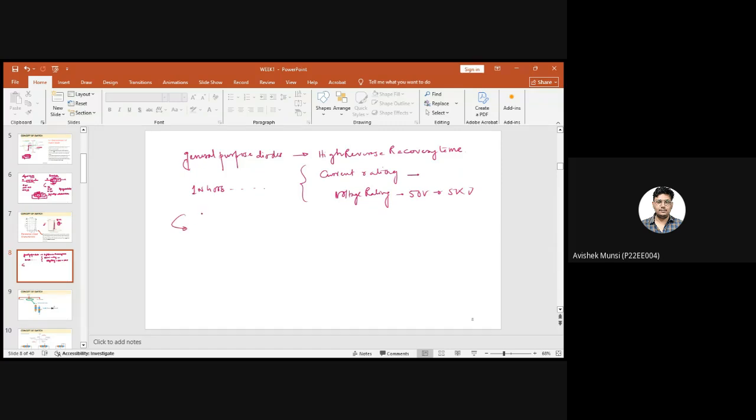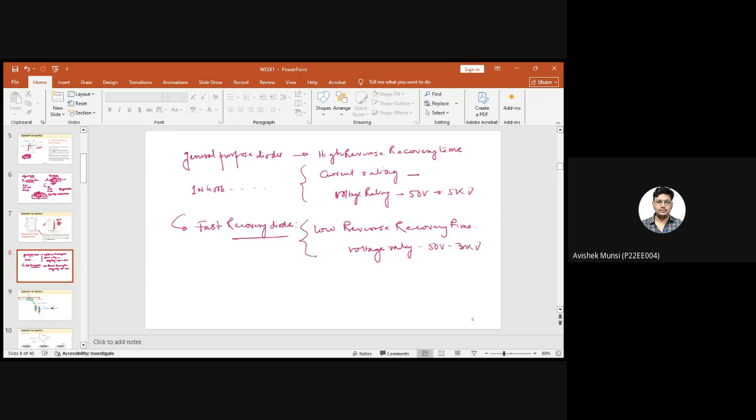Next, another category is fast recovery diode. Fast recovery diode has a low reverse recovery time. Obviously it is fast, so it has a low reverse recovery time, and it has a voltage rating around 50 volt to 3 kilovolt.